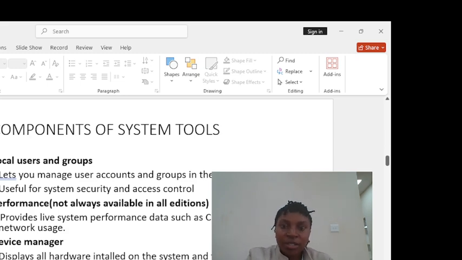The other components of the system tools include Local Users and Groups, which lets you manage the user accounts and groups in the computer. It is also useful for system security and access control. We also have Performance, which is not always available in all editions.